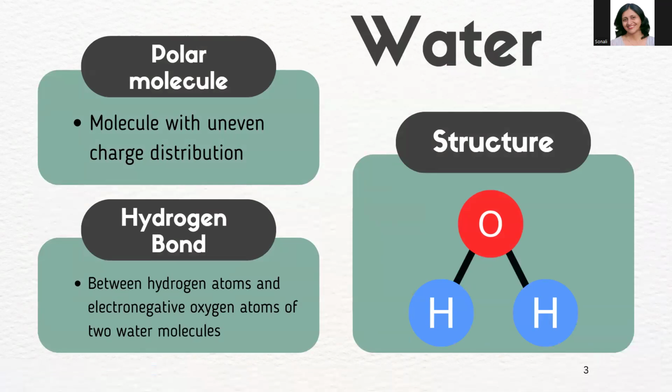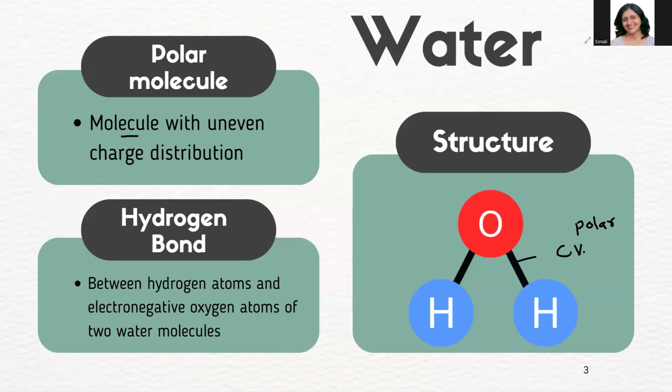Water is a polar molecule, as I just mentioned, and polarity is nothing but a molecule with uneven charge distribution. We know it's a covalent bond, but which kind of covalent bond? A polar covalent bond.